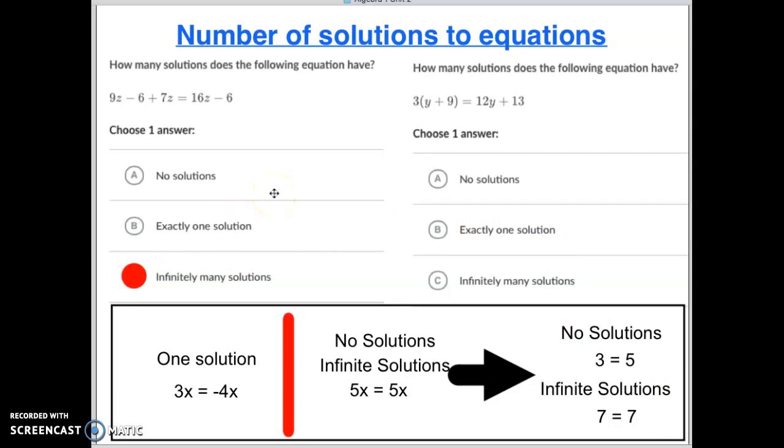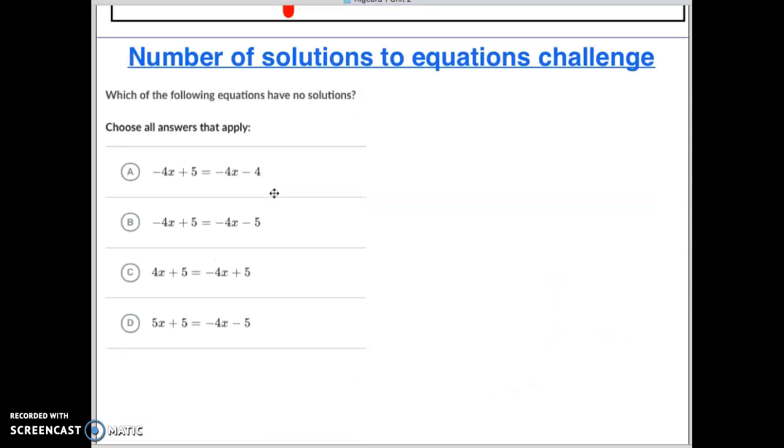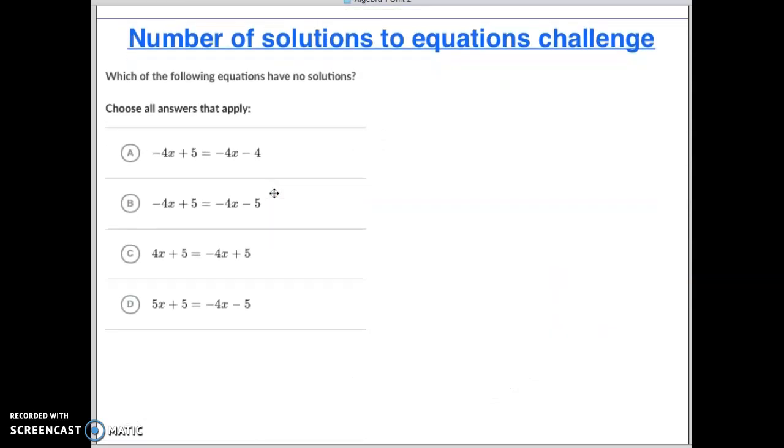The next kind you're doing is called number of solutions to equations challenge. Pretty much the same thing here. How many of these have no solutions? Remember, for no solutions the x's must match and the numbers cannot.